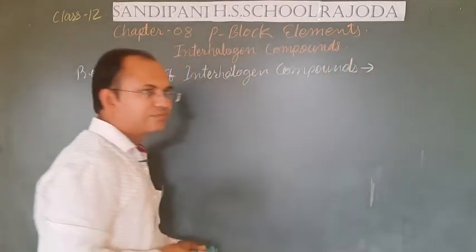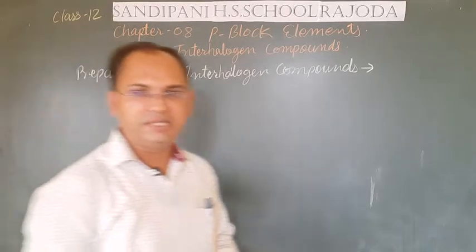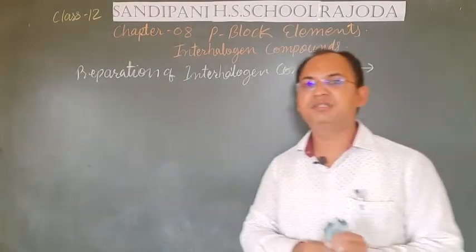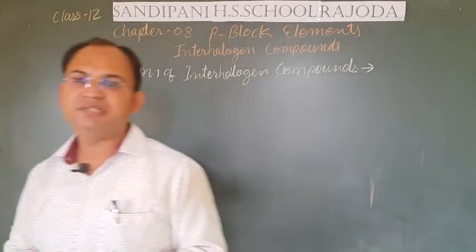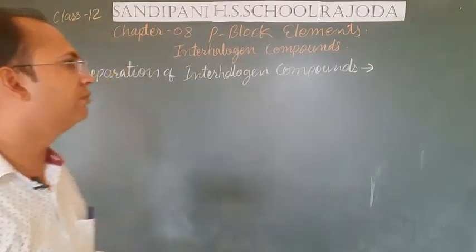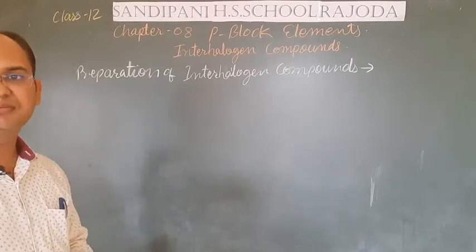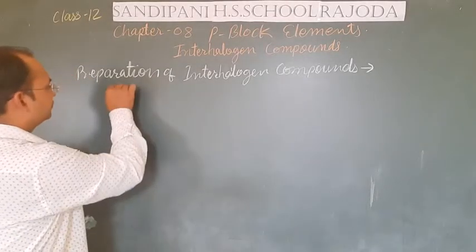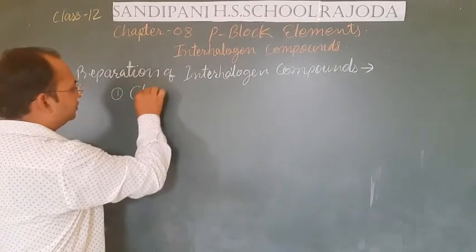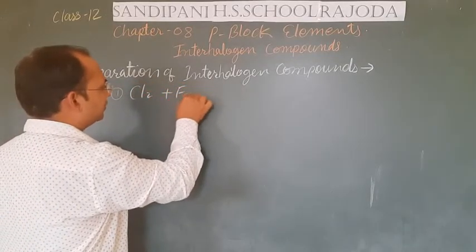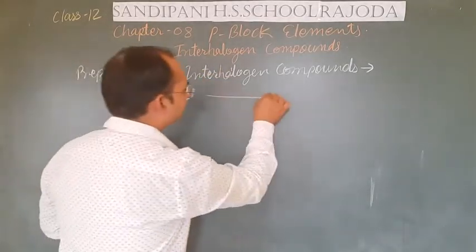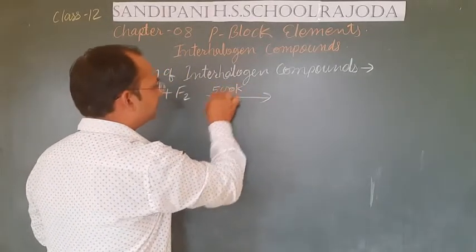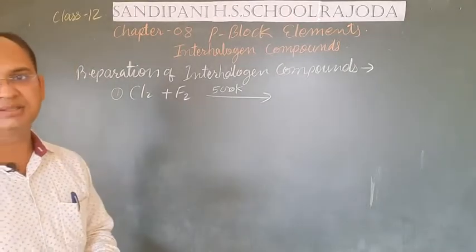So students, the interhalogen compounds form the covalent type of bond. That means they can simply combine with each other to form the interhalogen compounds. Let's see one reaction. When chlorine combines with fluorine, first when Cl2 combines with F2, then the temperature required for this reaction is nearly 500 degrees Celsius.